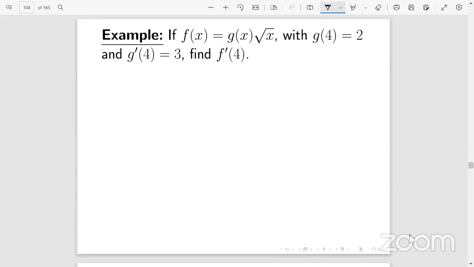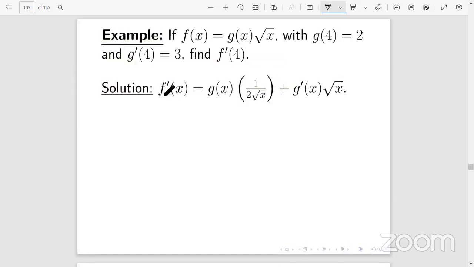We have another example here. We're given that f of x is given by some function g of x times square root x. And we're told that g of 4 is equal to 2. We don't know what this g of x is, but we know that g prime at 4 is equal to 3. So now we are asked to find f prime at 4. First of all, we need to find f prime.